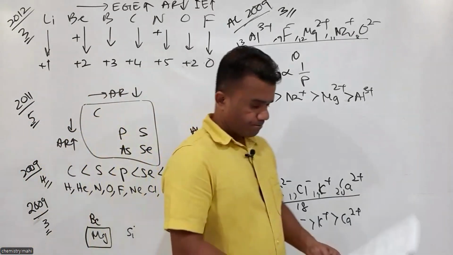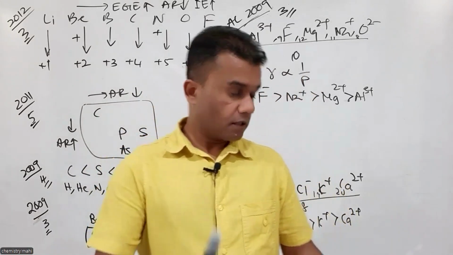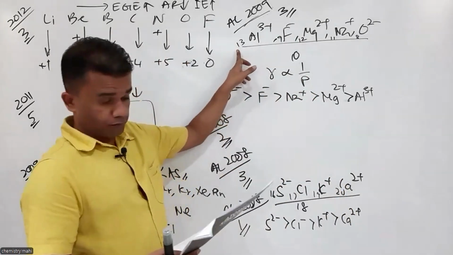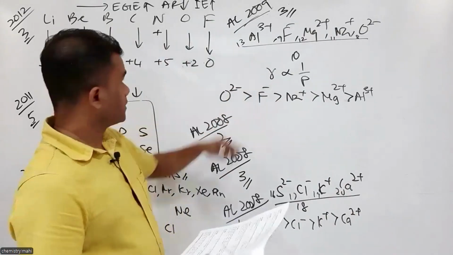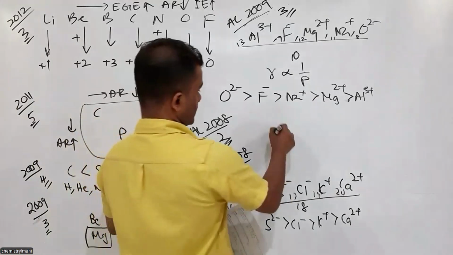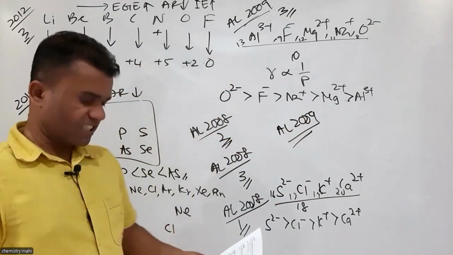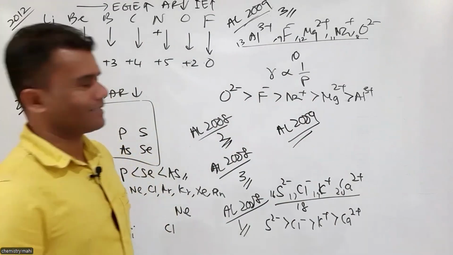But I missed this one. 2009, before the question on sizes of ions, there was another 2009 question. I write it here. It's about the variation of the first ionization energy of lithium to fluorine. Easy.